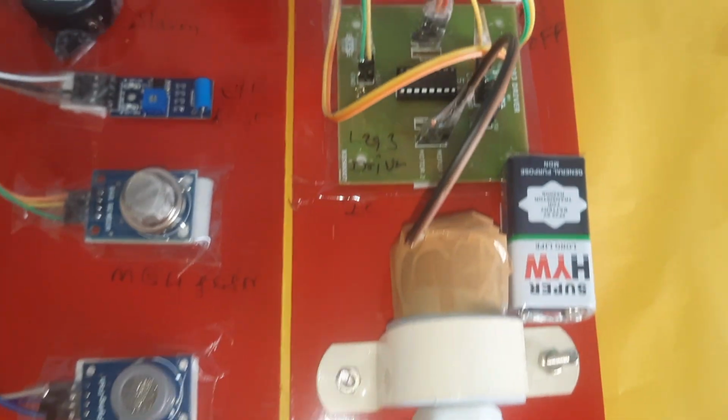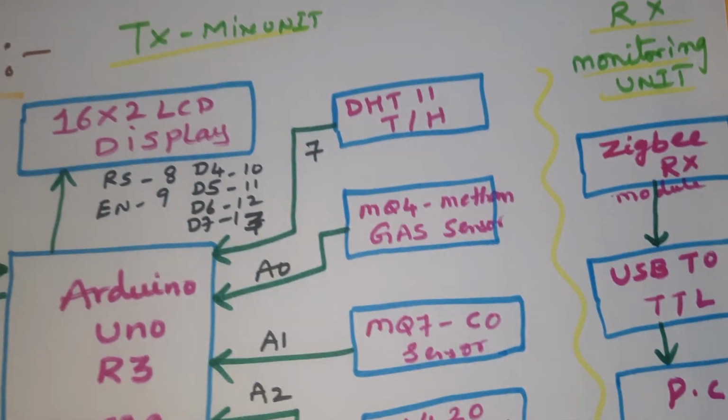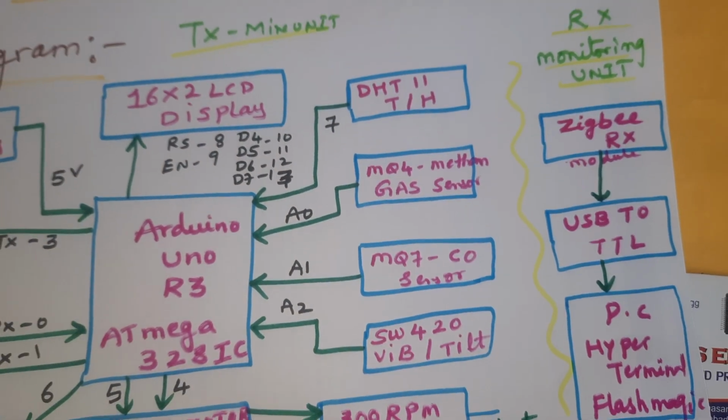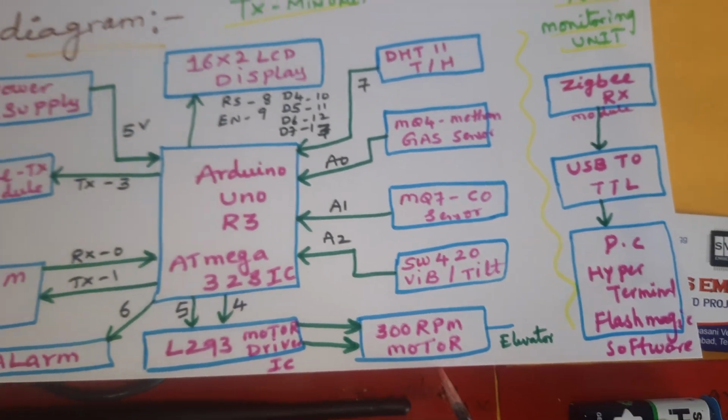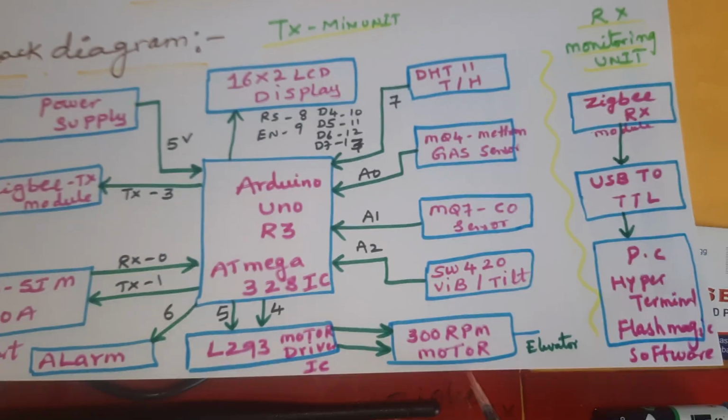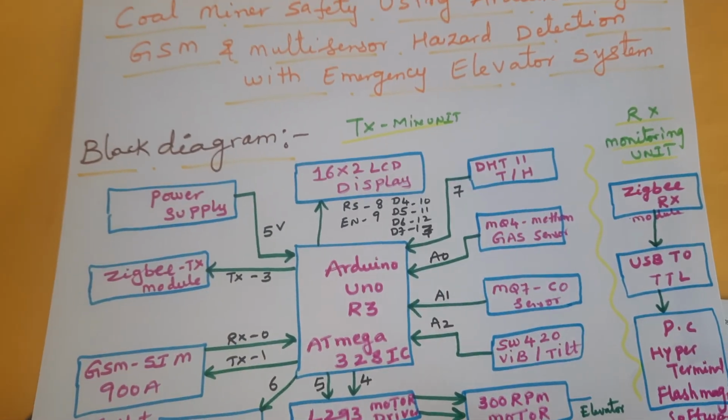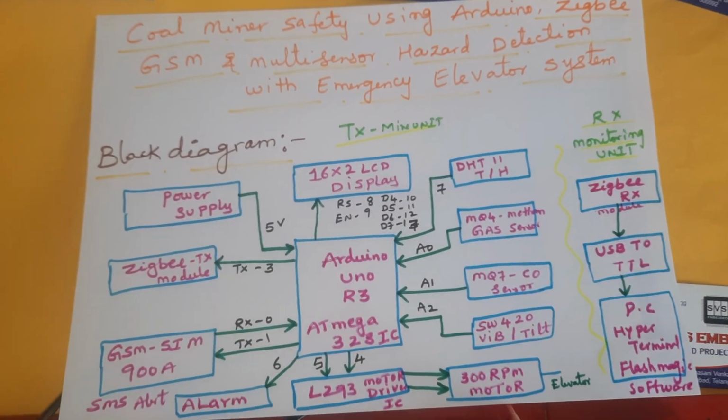It's an elevator type monitor. Then the L293D driver IC and battery, DHT11 temperature humidity sensor, MQ4 methane gas sensor, MQ7 carbon monoxide sensor, SW420 vibration tilt sensor. So this is our total block diagram of the project.